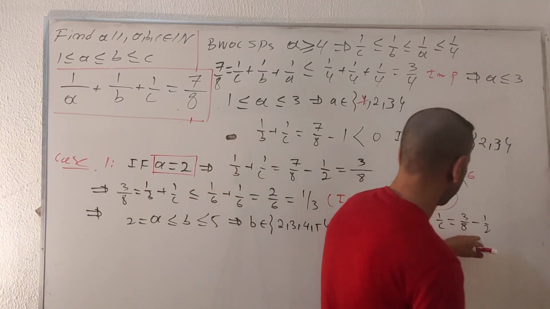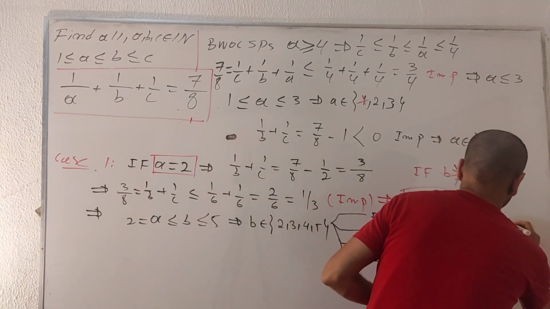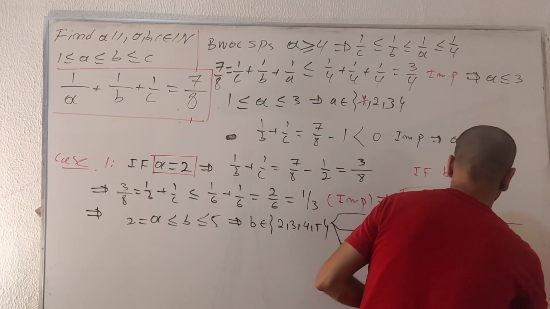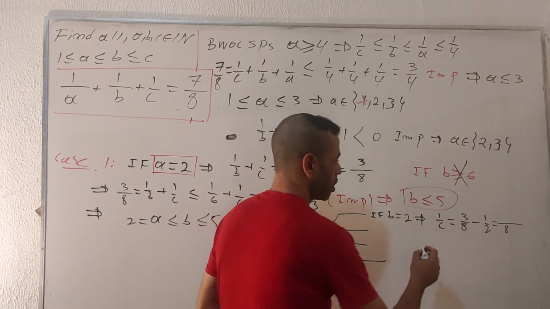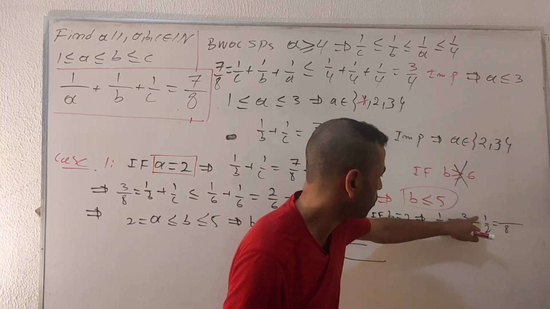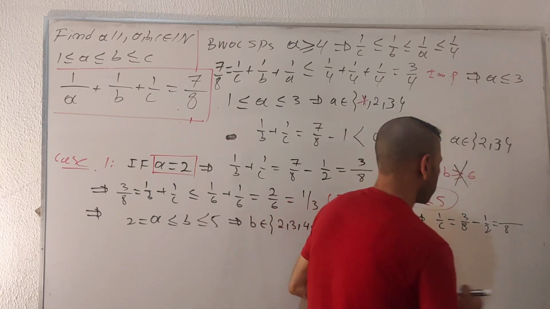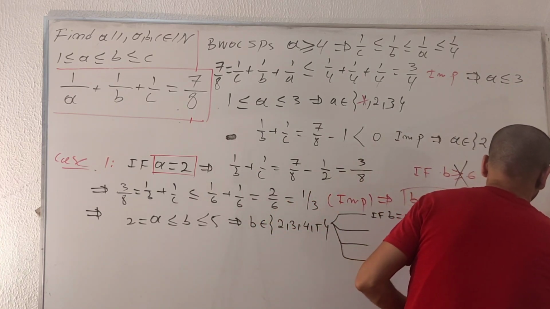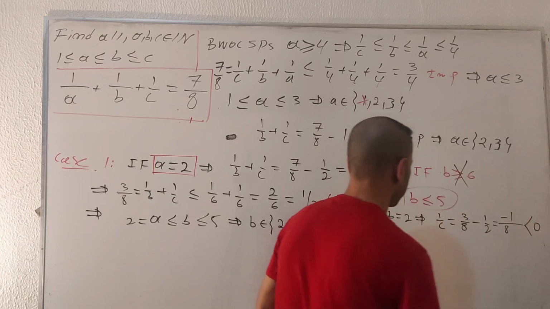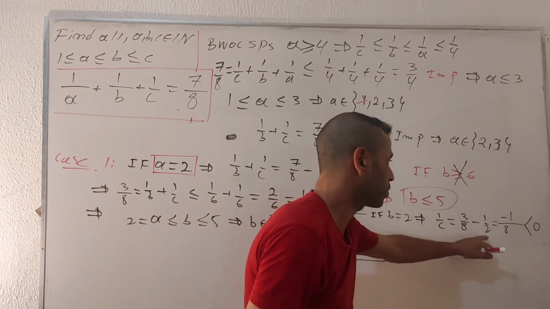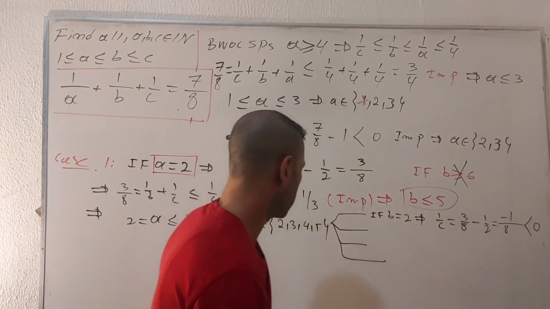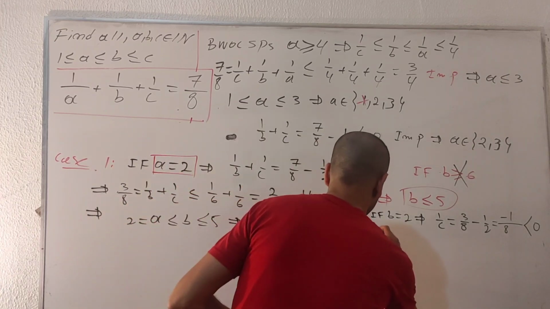Using 8 as a common denominator, I get 3 minus 4, which is minus 1 over 8, which is strictly less than 0. This one is impossible because it's negative. So let's check the other case.